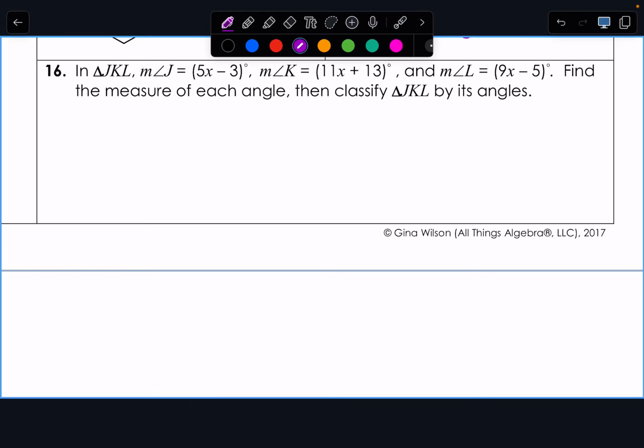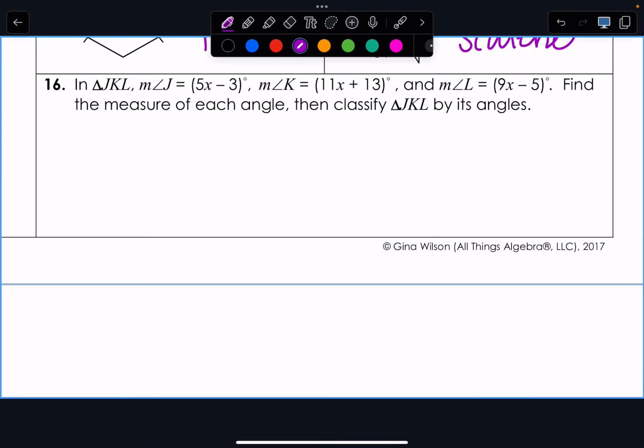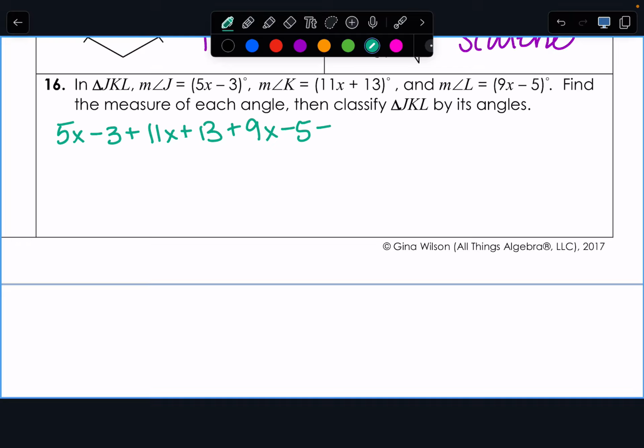You just have to add all the things together. The measure of angle J plus the measure of angle K plus the measure of angle L should equal 180.